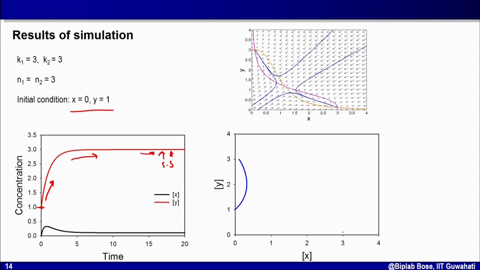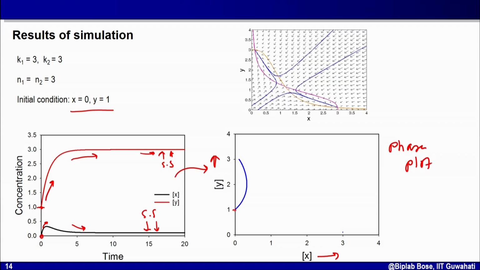X starts at 0, rises slightly, then falls back and reaches the steady state, which is close to 0. Again I can plot the same data in x and y axis. That will be my phase plot.